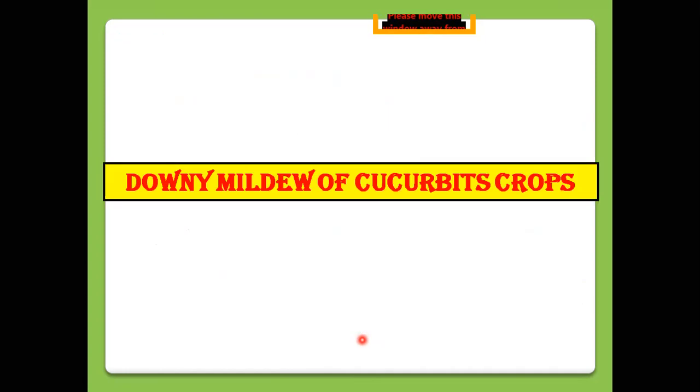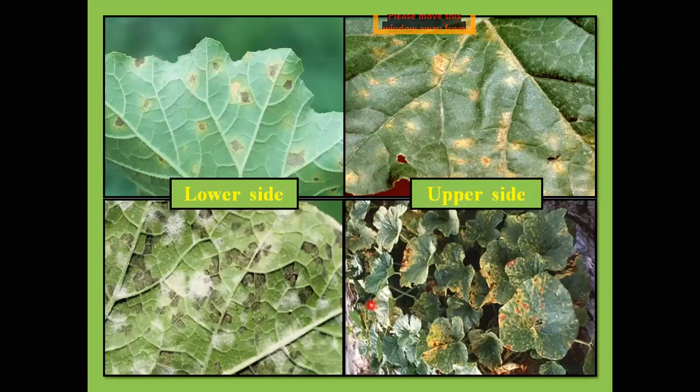Okay, then downy mildew of cucurbits. In this case, the basic symptom is the same: on the upper surface of the leaf, chlorotic patches are seen. These chlorotic patches irregularly spread to the entire surface of the leaf, and the upper side of the leaf becomes chlorotic and yellow in color.